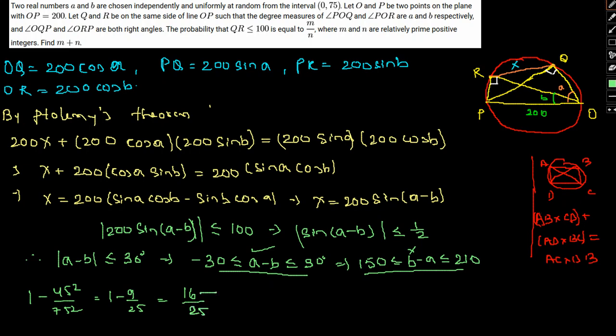So 16 will be our m, 25 will be our n, therefore m plus n will be 41, which is our answer.